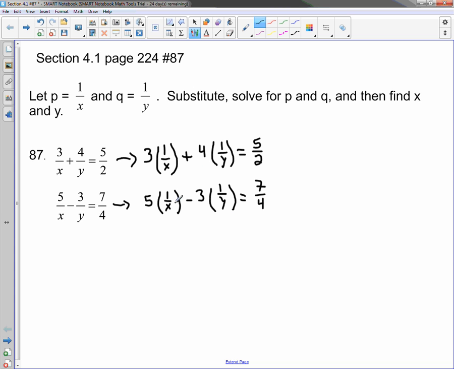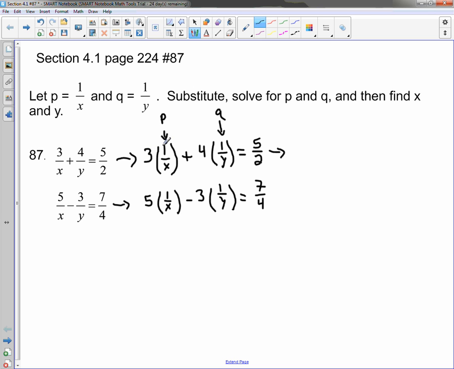What we've done so far is manipulated our equations into the form so that we can actually do some substitution. Instead of 1 over X's here, I'm going to want to plug in a P. And instead of 1 over Y's here, I want to plug in a Q. So what that looks like is my first equation.